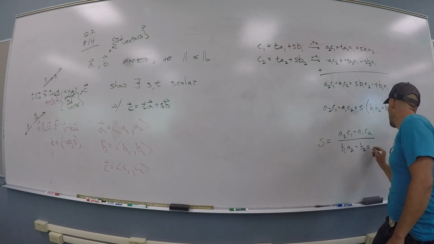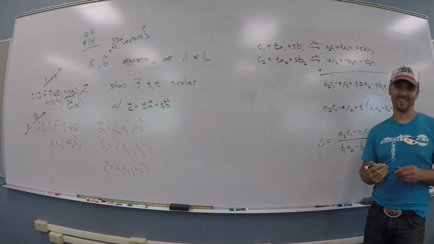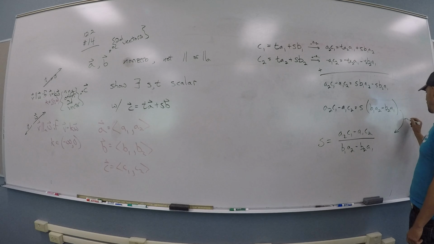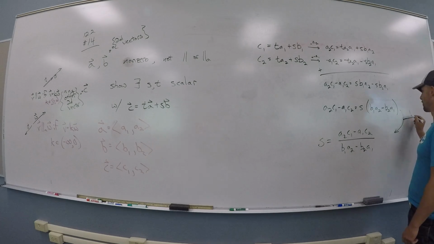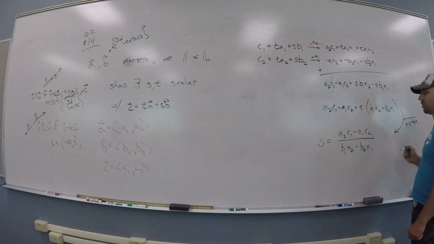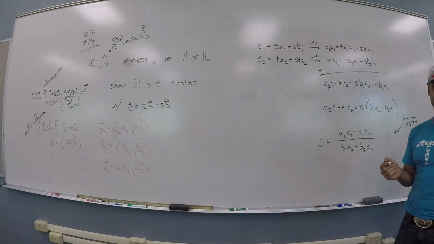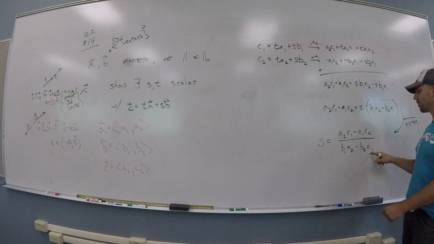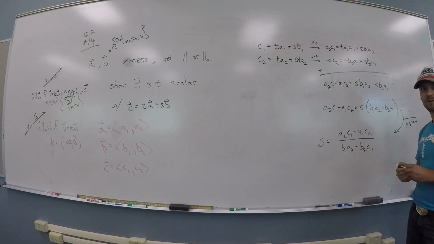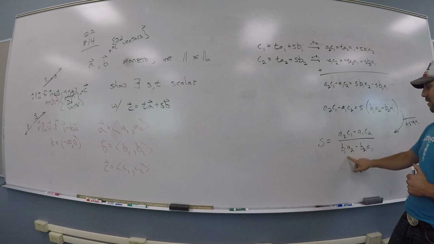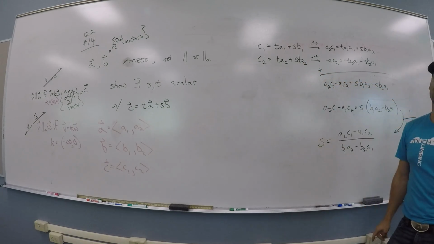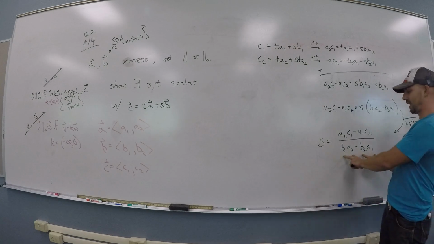But you can't always divide. Why? In this step, you multiplied by 1 over B1A2 minus B2A1, but there's a number you can't divide by: 0. You can't divide by 0, right? So this only worked when it's non-zero. Some of the components could be 0, but this whole thing can't be 0.